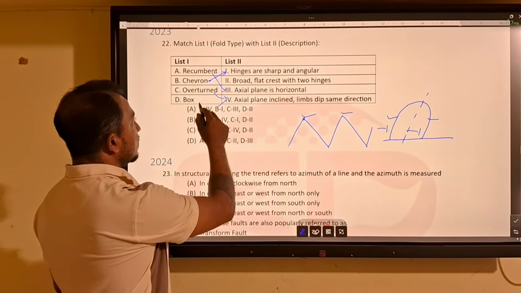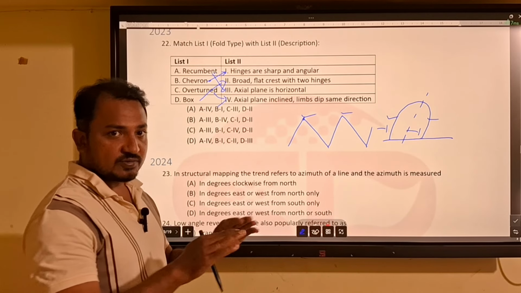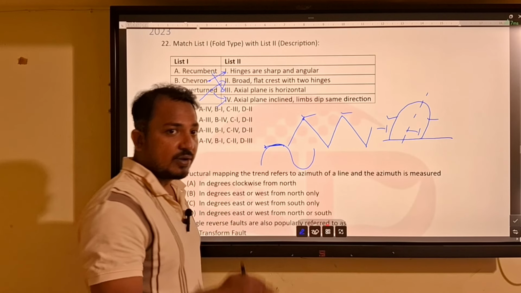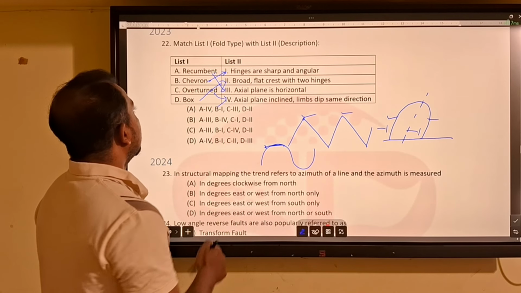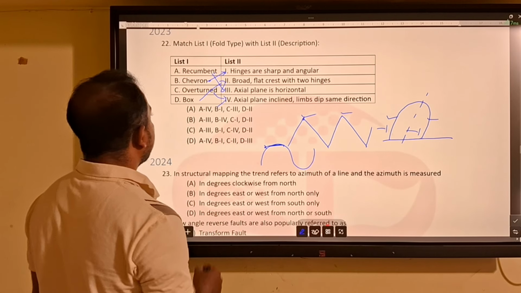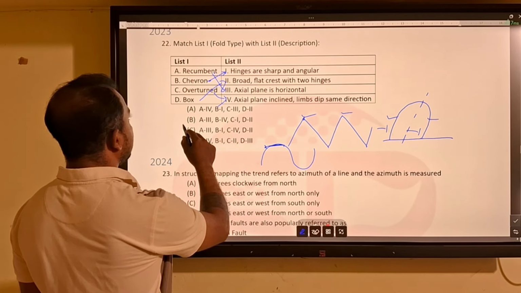Then box fold, we have discussed. It has a broad flat crest with two hinges. So the answer will be A third, B is 1, C is 4th, D. Option C will be correct.